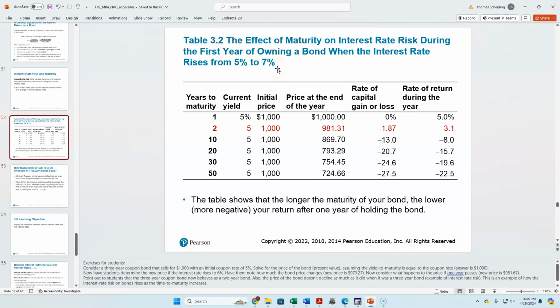If I held that bond for 50 years, when in year one I bought it and the interest rate was 5%, so I bought the bond at the current market rate. During year one, it increased to 7%. For 50 years, if I held it to maturity, look at that capital loss. At year 50, that $1,000 bond is only worth $724.66. Again, it incentivizes you just to hold it to maturity.